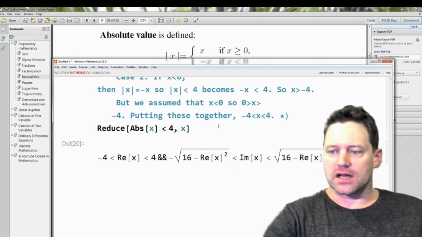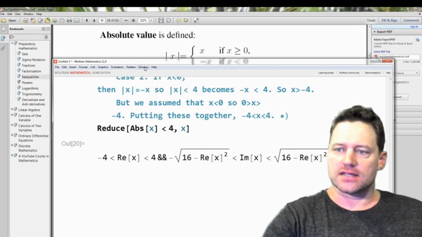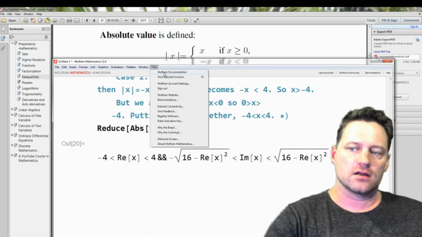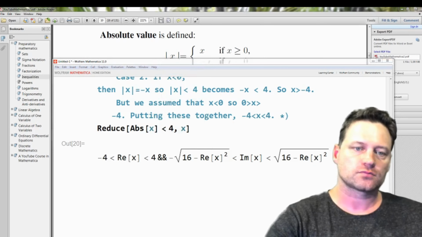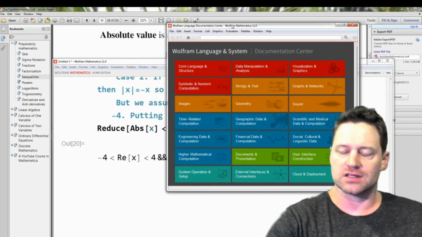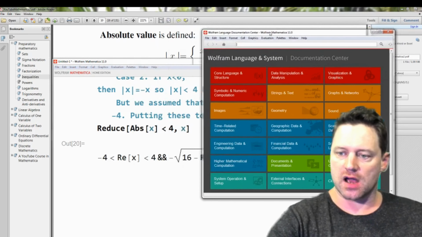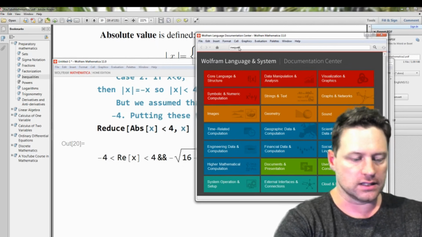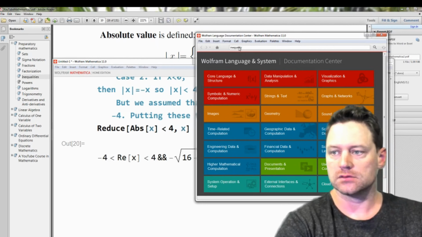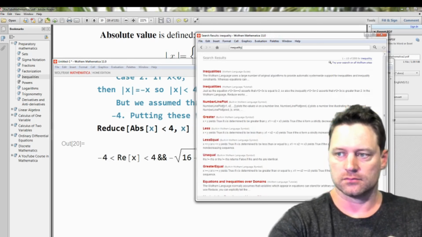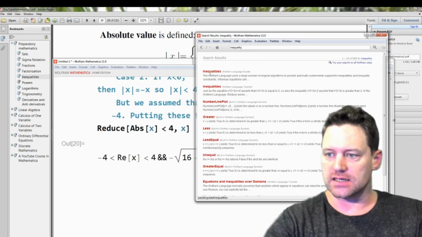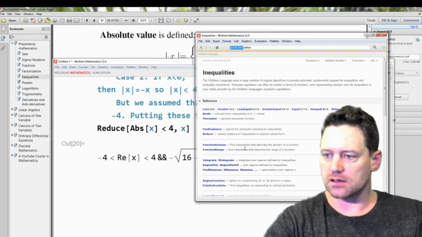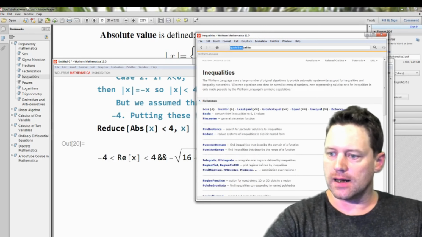Okay, but that's not exactly what you want. So let's go into the help file, documentation, put it over here so you can see it, and I'm just going to write inequality. Okay, inequalities. Let's take a look. Now, Reduce. Okay, we've seen Reduce.